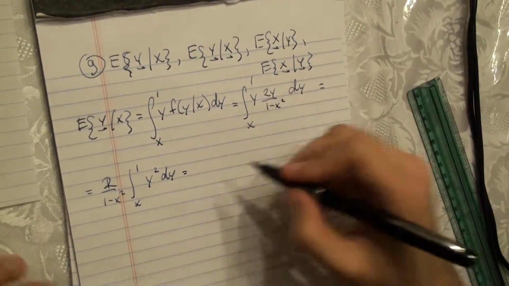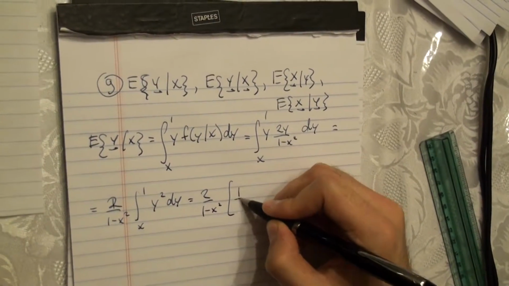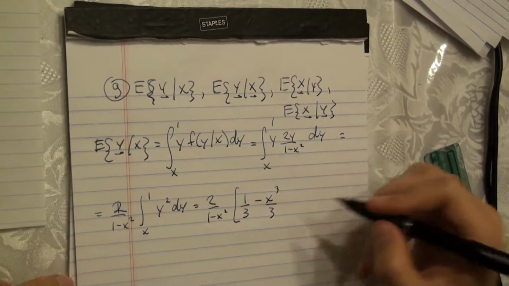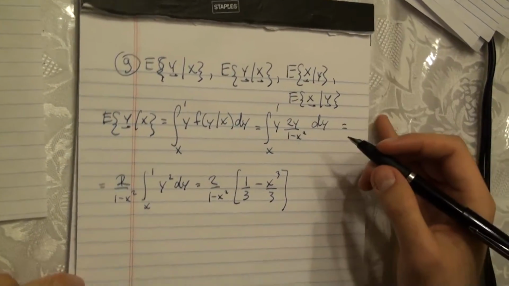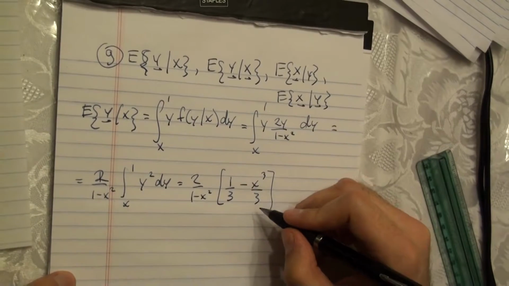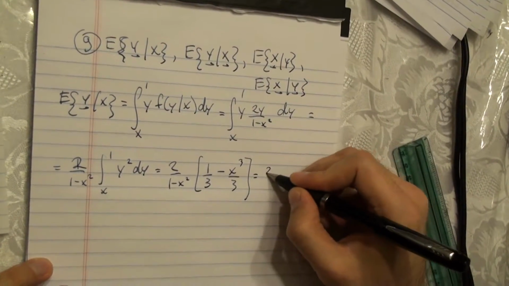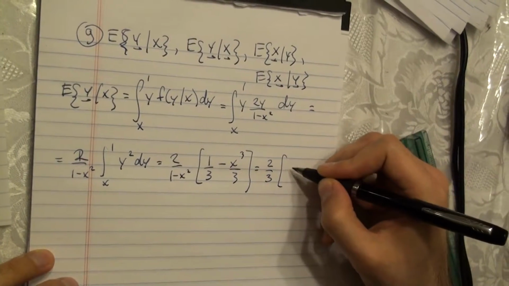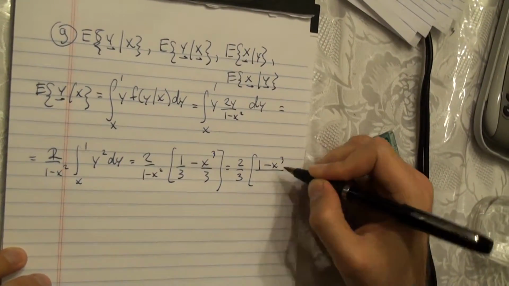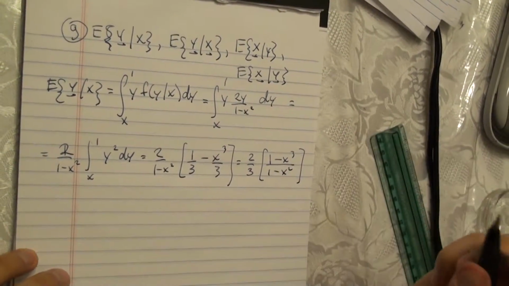So what's that going to become? Y cubed over 3. So we have our constant here, and we get 1 over 3 minus x cubed over 3. We can take out the 3, so we have 2 over 3, and inside, because they're both under the same denominator, we put 1 minus x cubed over 1 minus x squared.